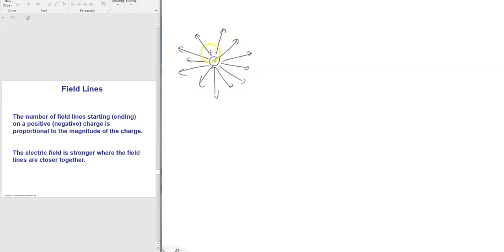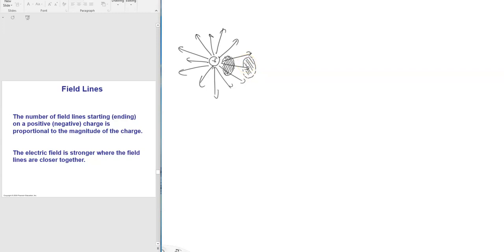Now closer to the charge, let's take some area closer to the charge, let's say this area. This area has 3 field lines going through it. If I move the area and draw the same size over here, it pretty much covers only one electric field line. So the number of electric field lines tells us that it's much stronger.